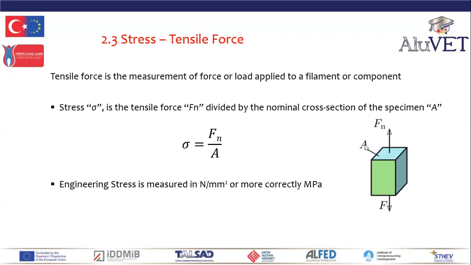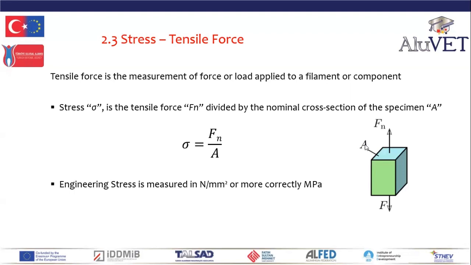So we have a force in N, and if we divide it by the cross-sectional area of the part we're testing, in square millimeters, we have a stress. So the units of engineering stress are measured in newtons per square millimeter, or more correctly, megapascals. We measure and design stress in megapascals.